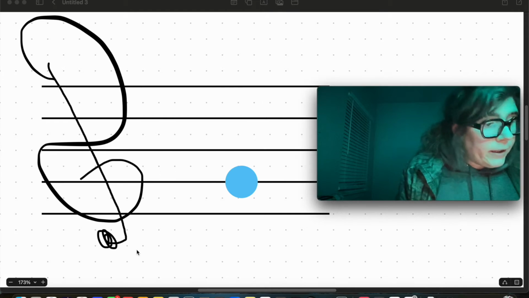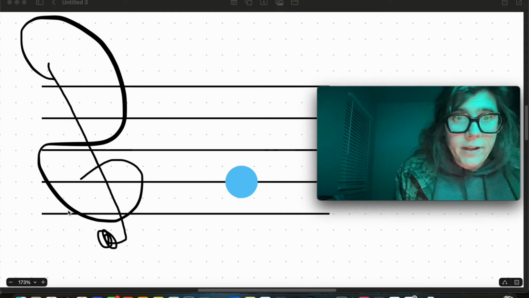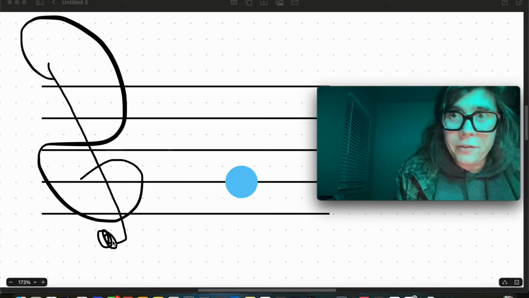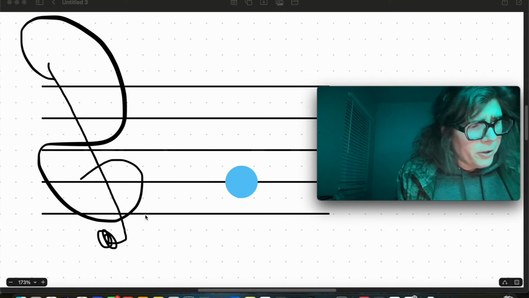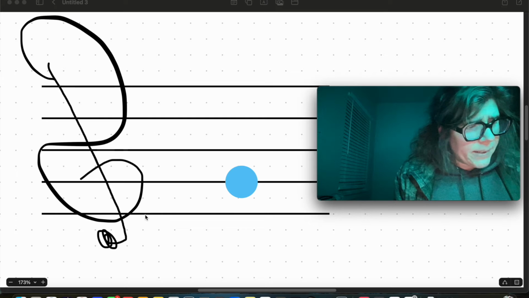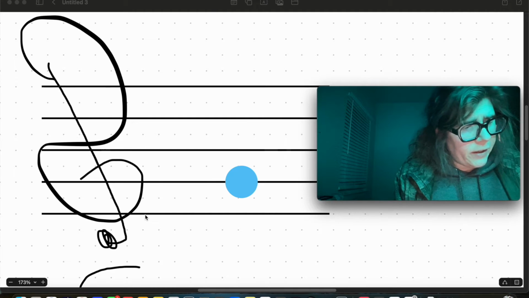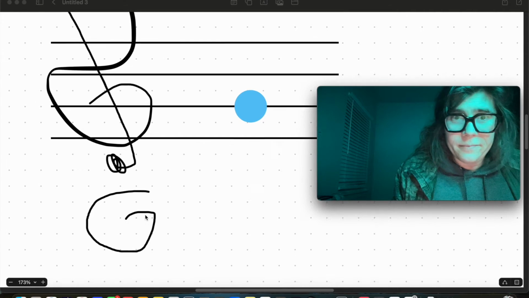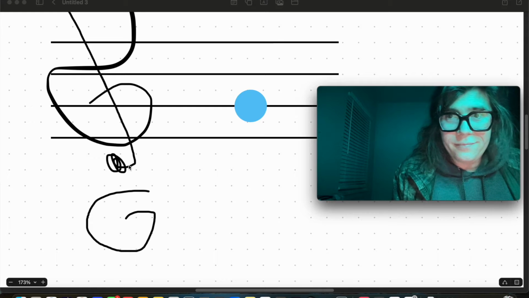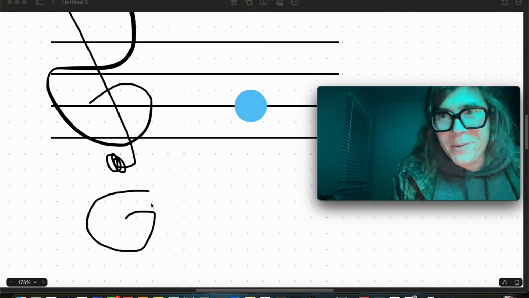Well, looking here, see on the inside, I'll use this pointer. See on the inside over here, if I were to draw that somewhere else, you see it's a G. Simple as that.